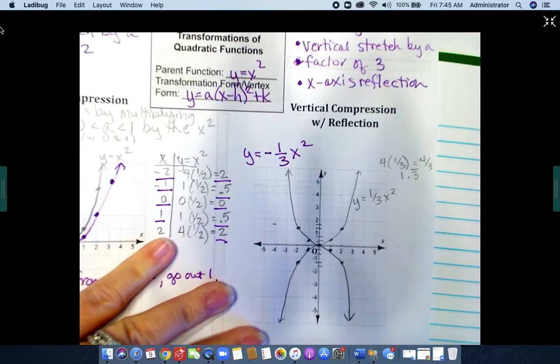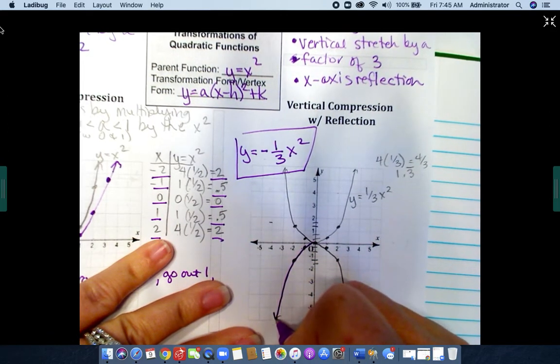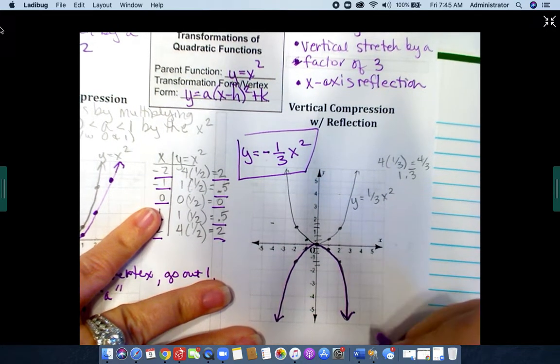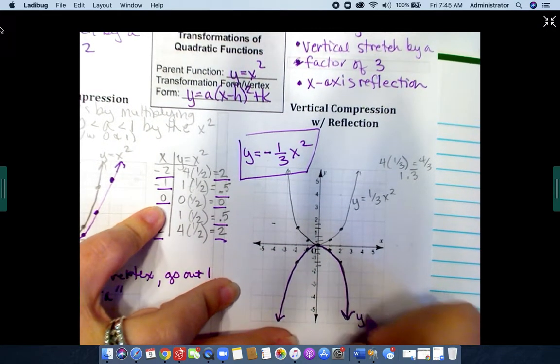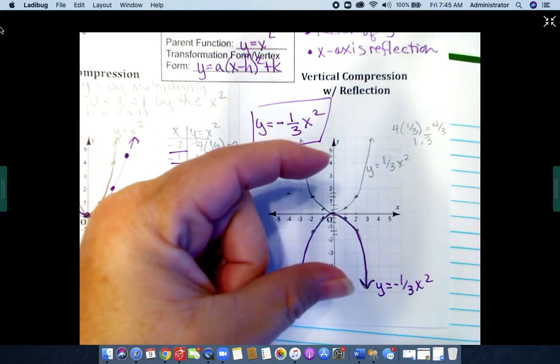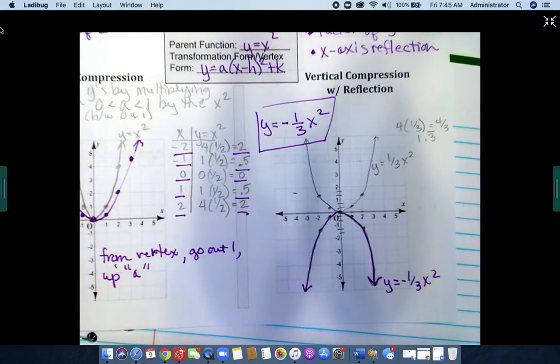And this is the final graph that we want. So all we're doing is taking this 1/3. So I'm technically giving you multiple examples here, right? So that's going to be y equals negative 1/3 x squared. So again, you're flipping it and you're cutting those y values down to 1/3, okay?